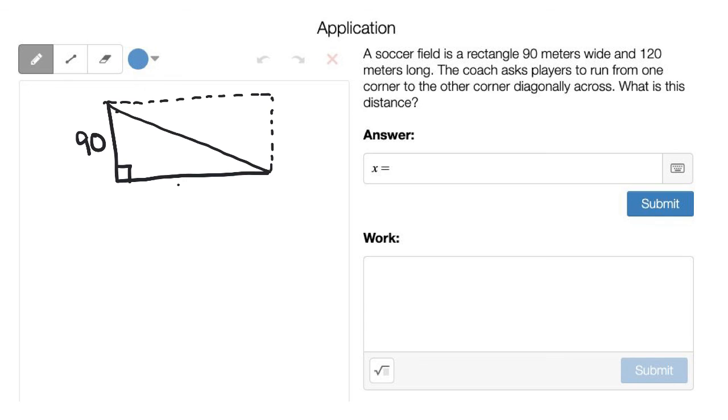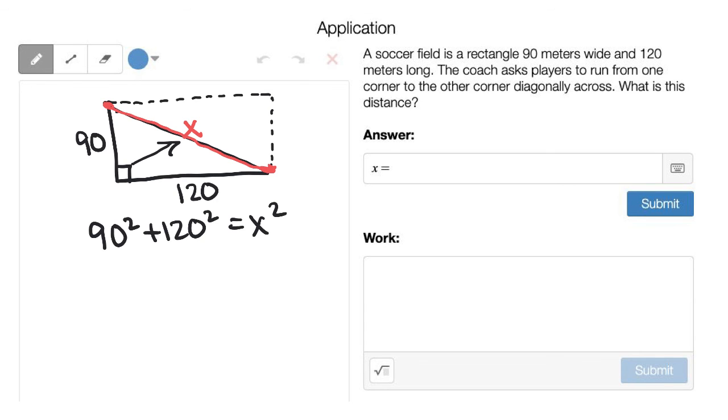This side looks shorter, so I'll put 90 on the left and 120 on the bottom. The coach asks players to run from one corner to the other. So that has to be my diagonal. That's what I want to find. So I want to do 90 squared plus 120 squared equals X squared, since X is the hypotenuse.